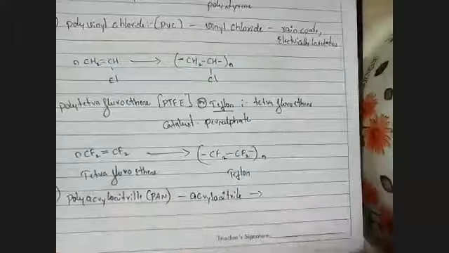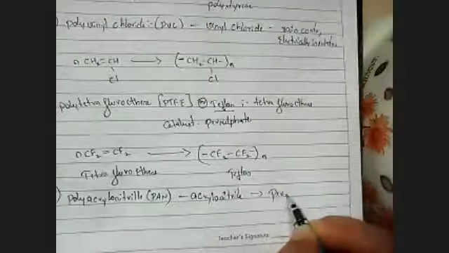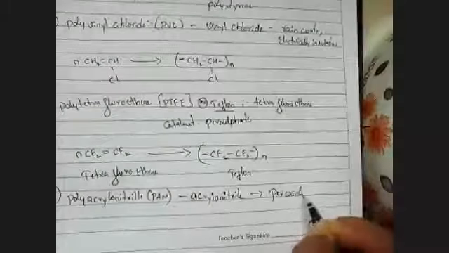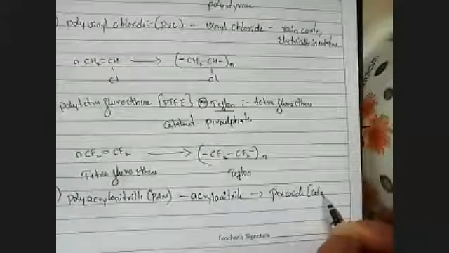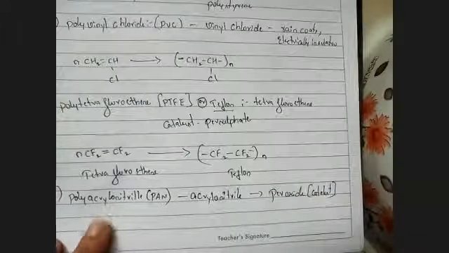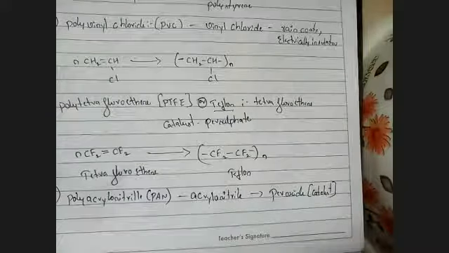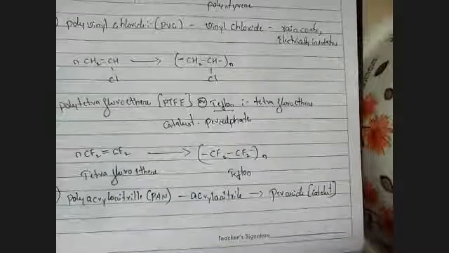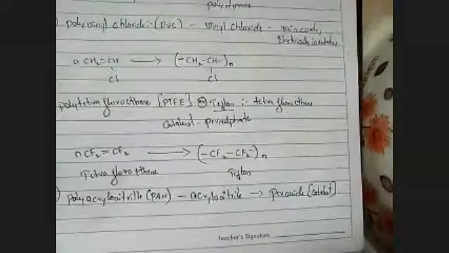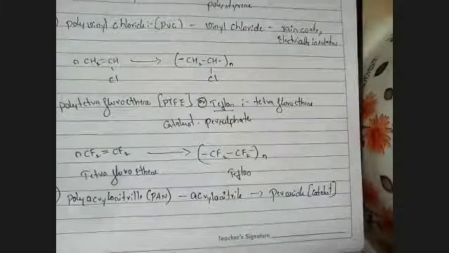When this acrylonitrile repeatedly adds in the presence of peroxide, which acts as a catalyst, we will get polyacrylonitrile, that is called PAN. So in the presence of the catalyst peroxide, we are converting the monomer into a polymer, polyacrylonitrile.